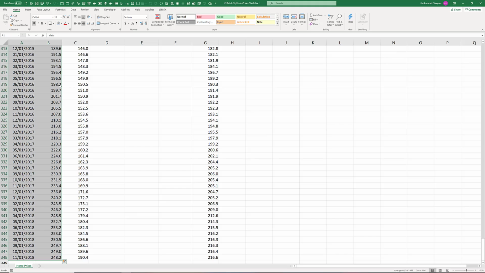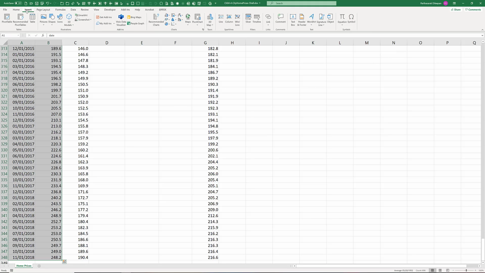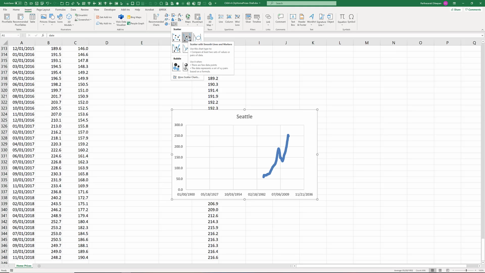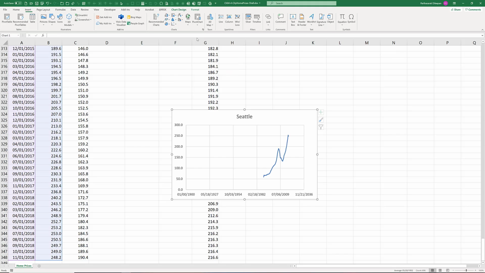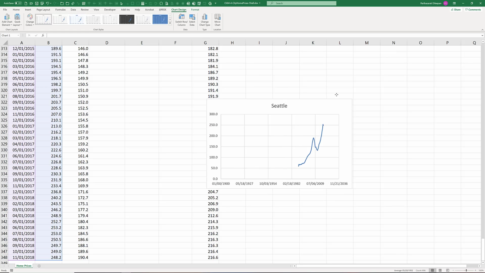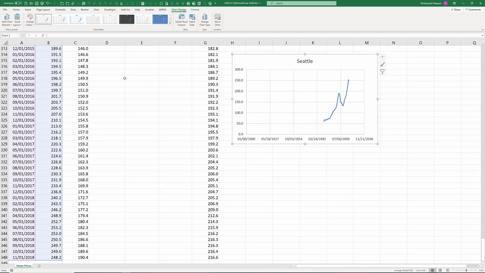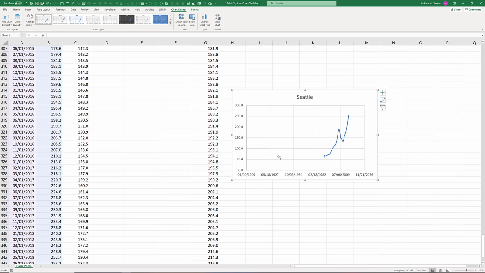So let's do this, highlight and press enter, insert, and then okay, so let's see that one. Okay, now that's only Seattle. We want to superimpose Las Vegas on it.